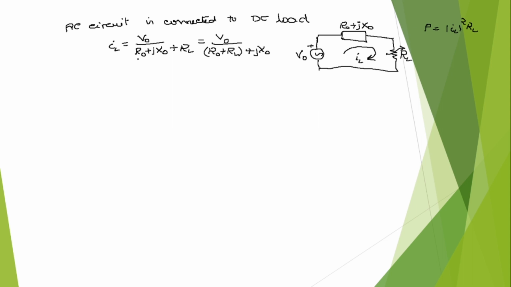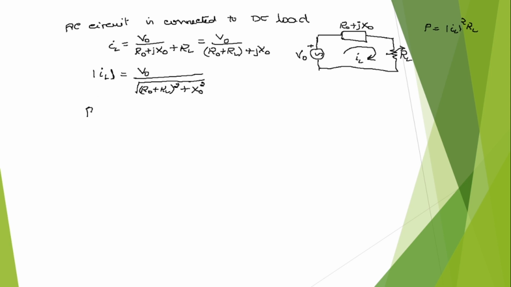Now, to get the power expression, magnitude of IL is required. So, magnitude of IL equal to, this is the real value, so V naught divided by, this is the complex. What is the magnitude of the complex term? Square root of real square plus imaginary square. So, this becomes square root of R naught plus RL whole square plus X naught square. So this is the IL, magnitude of load current.